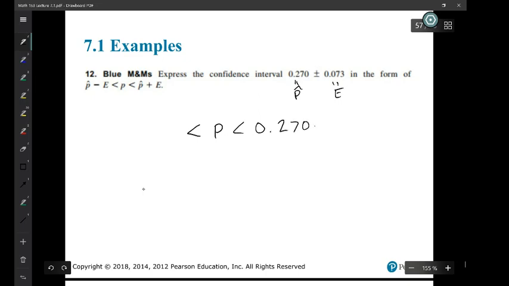So we want P to be sandwiched in between 0.270 plus the error, 0.073 on the right, and then on the left 0.270 minus 0.073.